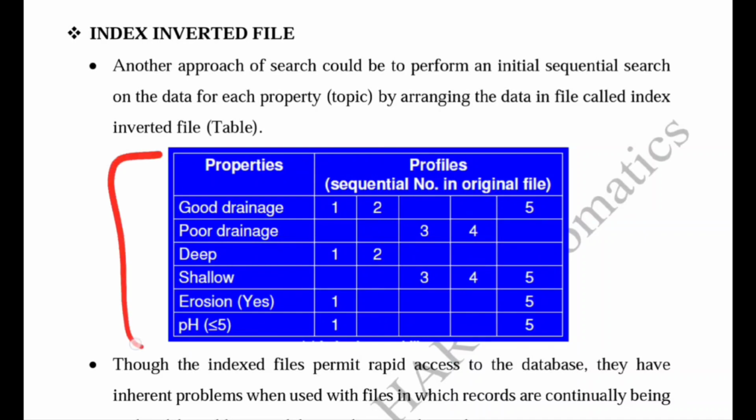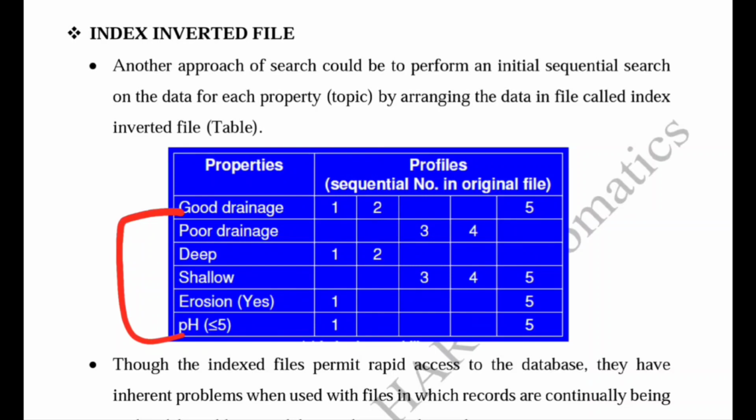In this table, for properties like good drainage, what types of soils have good drainage, as we have seen in the previous table, 1, 2 and 5. These are the format of data storage in the database, meaning the file structure. These are the unique or single identities, the soil profile number, but these are the attributes on which we are searching and storing the data.